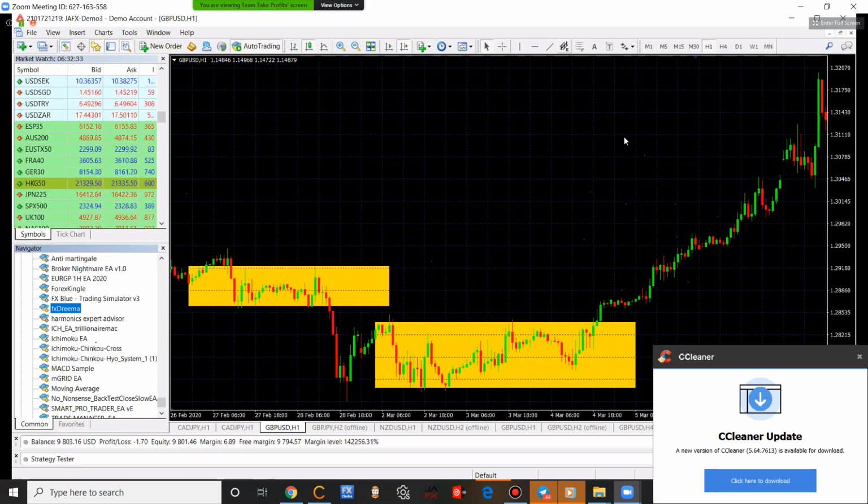Here's the reason why: it's a grid trader. The sucker will keep placing grid trades until your account blows, basically. And I kind of feel bad for the people in that company because they really are good at enticing them to join. Because here's the problem: people don't want to learn the skill set before they use a robot, and this is why I keep urging people to learn the skill set.